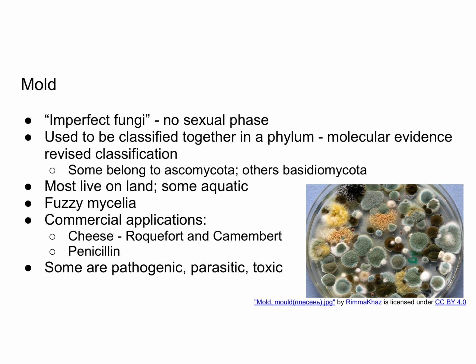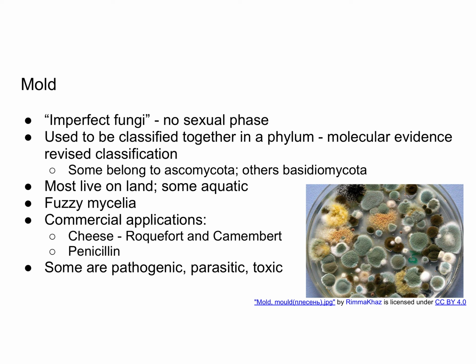Now I'm going to tack on this slide about mold to this video because mold used to be classified together in one phylum, but molecular evidence, which means looking at things like genomics or the genetics, has revised this classification.